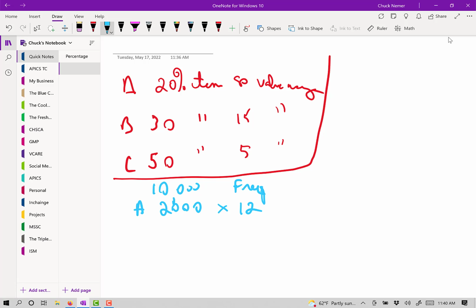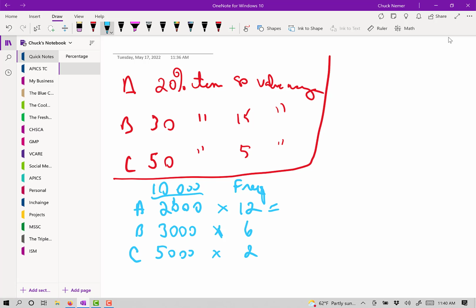The B items would be another 30% of the 10,000, or 3,000, might get counted every other month, 6 times a year, and the C items, the last 50% or 5,000, might get counted twice a year, let's say.